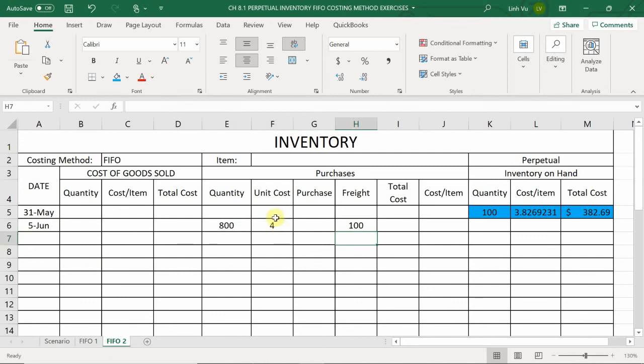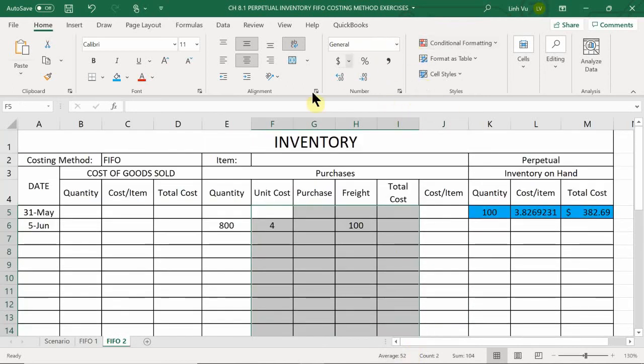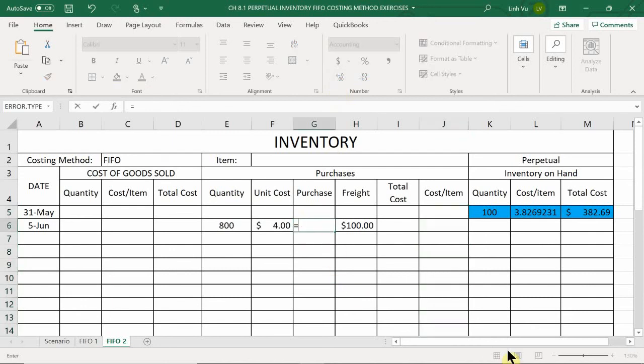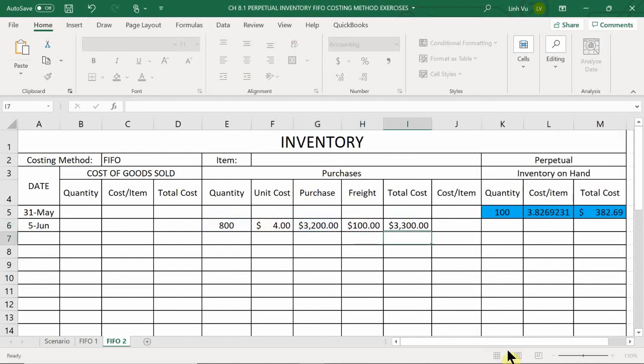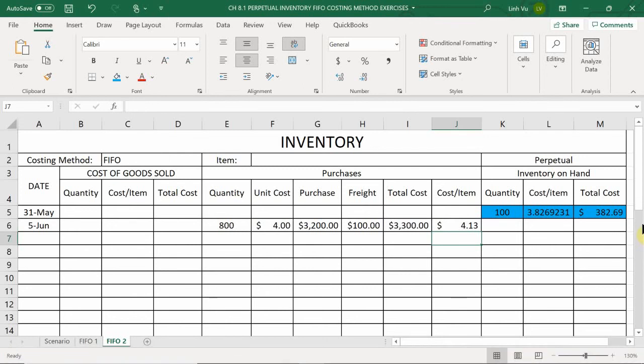So what is going to be my total purchase price? $3,200, plus 100, is $3,300, which brings my cost per item to $4.125.